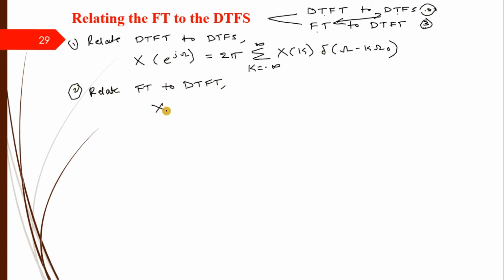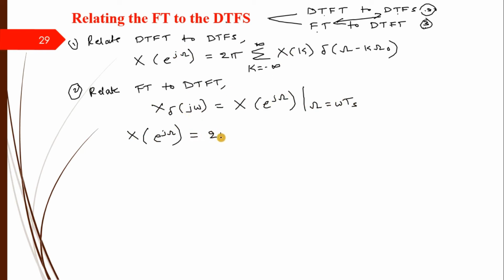Capital X of j omega is equal to capital X e raised to j omega. So in place of capital omega, you need to substitute small omega Ts. Okay, and also we had written capital X e raised to j omega. Now these two things I utilize to do it. So first equation I take 2 pi as it is, summation k is equal to minus infinity till infinity, X of k, I write it as X of k.